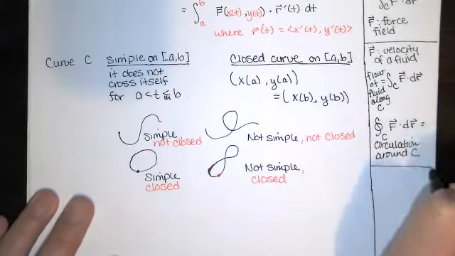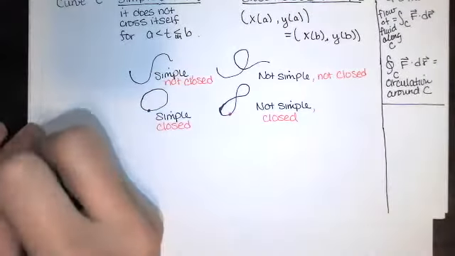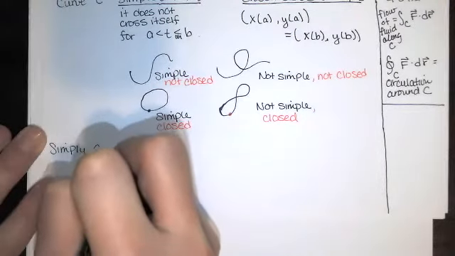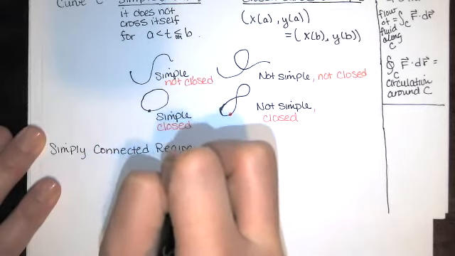Now, a simply connected region R is a region that has this property.